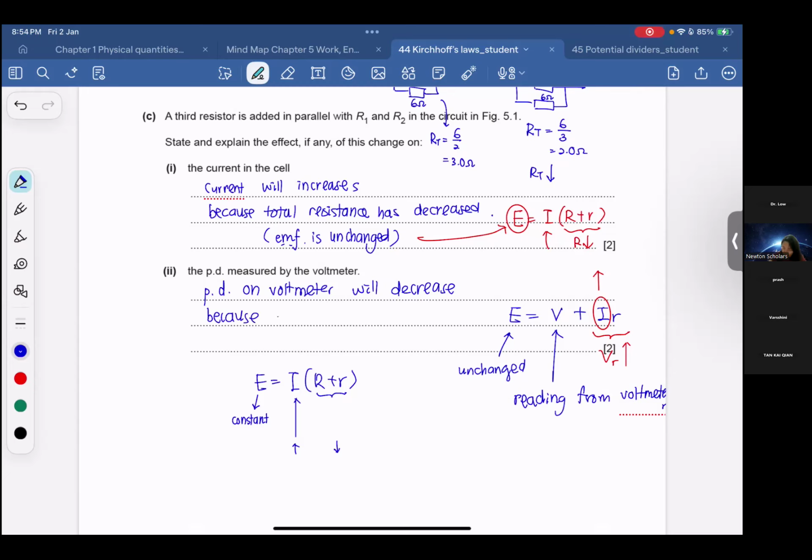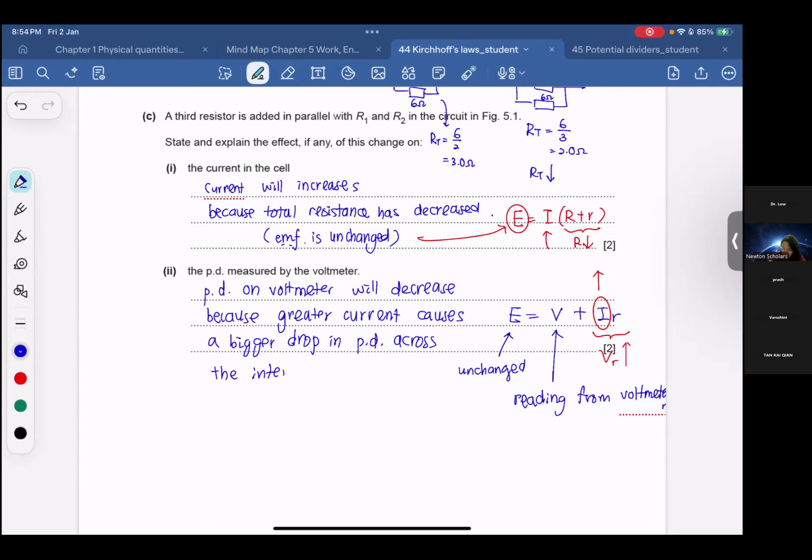Because greater current causes a bigger drop in potential difference across the internal resistance. Full stop. Because this part is greater, the voltmeter will get less share.